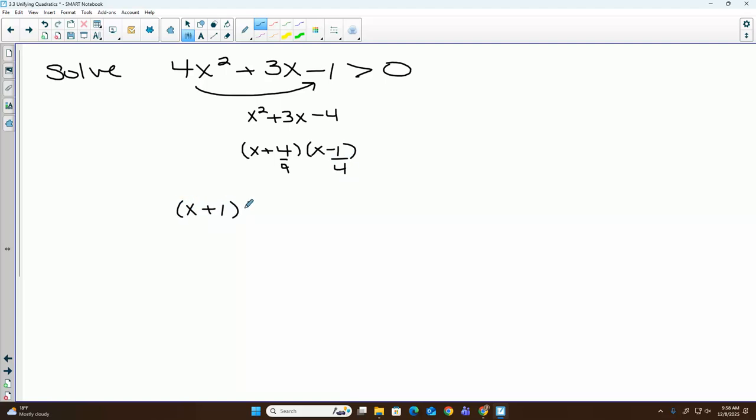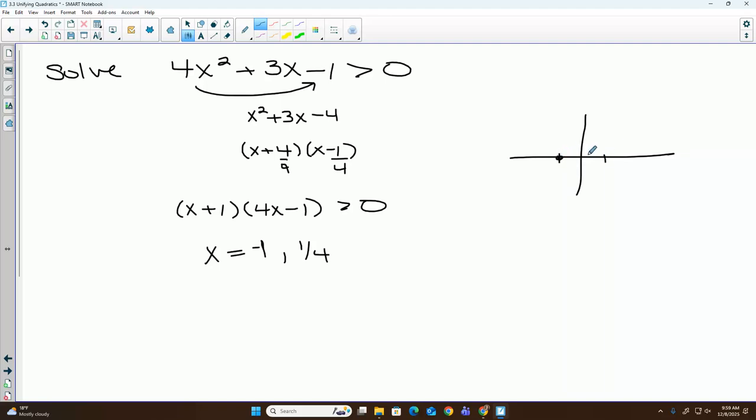We get x plus 1 times 4x minus 1. Then what did we do? If we do that, we get x to be negative 1 and positive 1/4. Now what that means is on a graph, those are the places you hit the x-axis, negative 1 and 1/4.